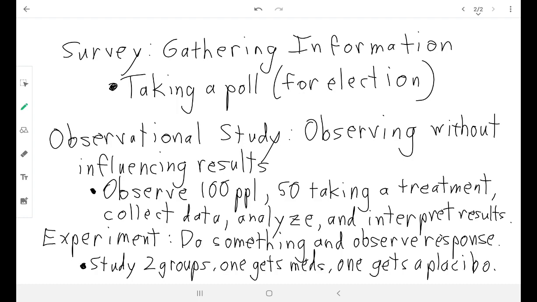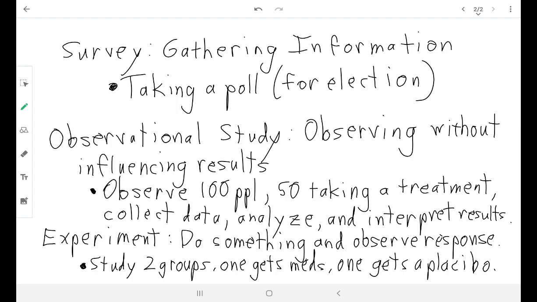So you're actually trying to see, let's say we talked about migraines again. If I have a group of 100 people that I know get regular migraines, and I tell them, here, if you take this medicine, you're not going to get so many migraines. It's going to be preventative medicine. You're not going to get as many migraines if you take this pill every day.